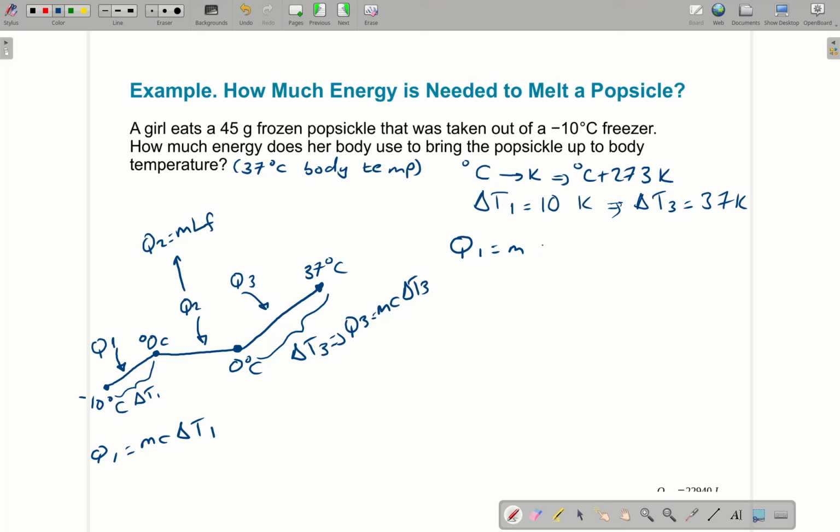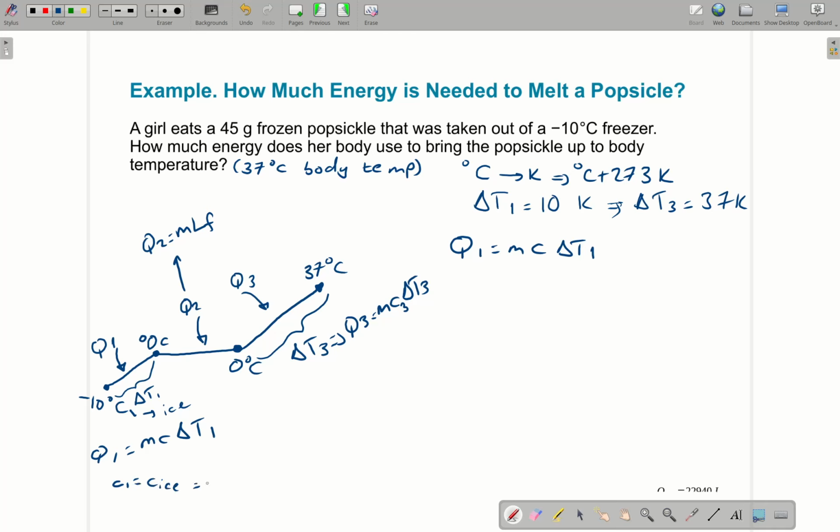Q1 is MC delta T1. For C here, that's an important thing, I'll call this C1, I'll call this C3 to agree with that. Here I have, not water, I have ice, right? So I'm going to use C for ice. I believe it is different than water. I have it here. So I have to use C ice for C1.